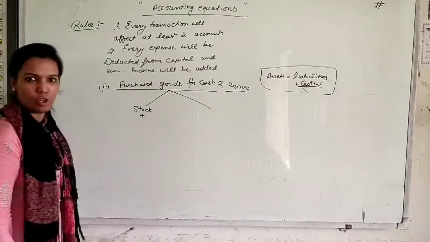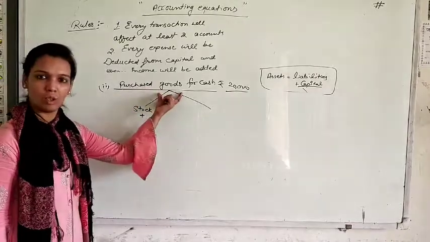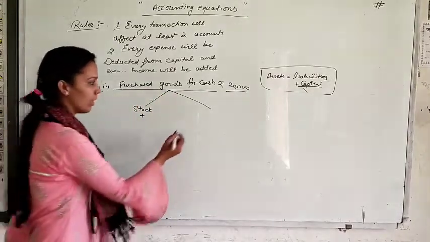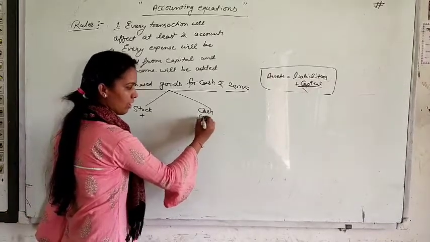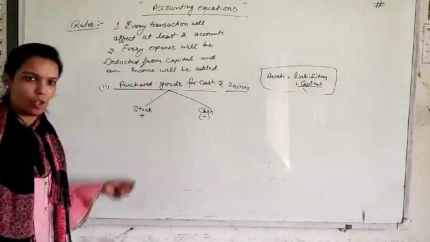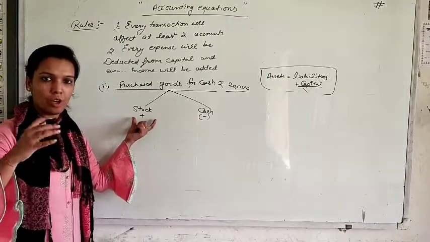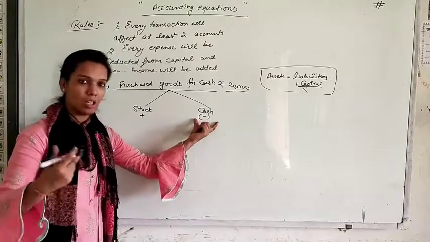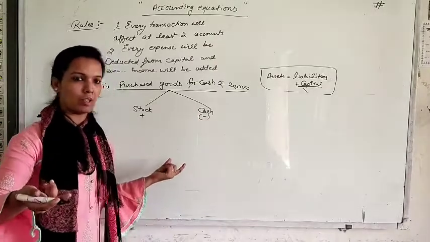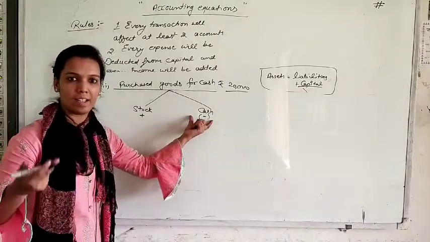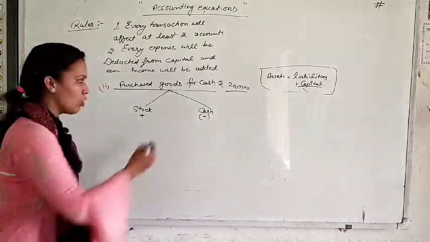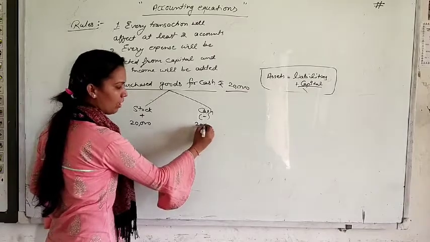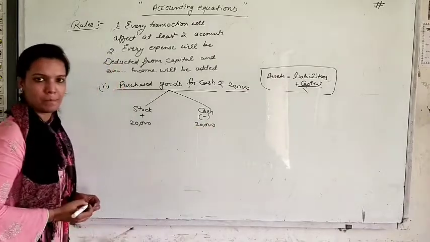Stock increased in your business because you purchased goods, and you are paying cash for those goods, so your cash decreased. On the other hand, you have paid cash for those goods, so the other asset, cash, has decreased. So 20,000 rupees stock increased, but the same amount of cash, 20,000, will decrease.